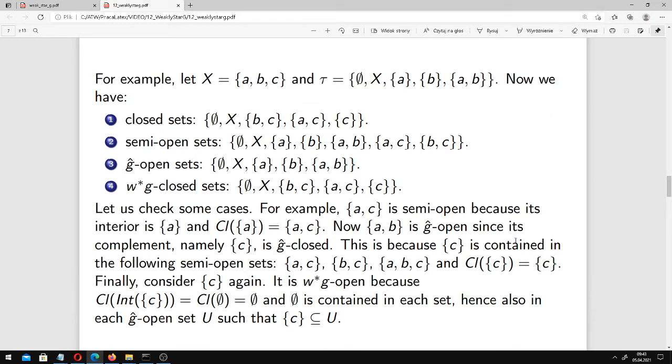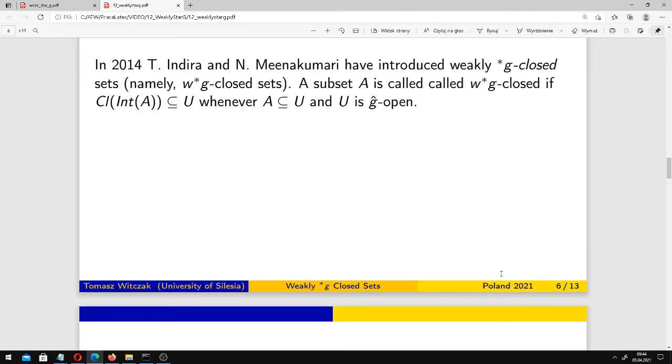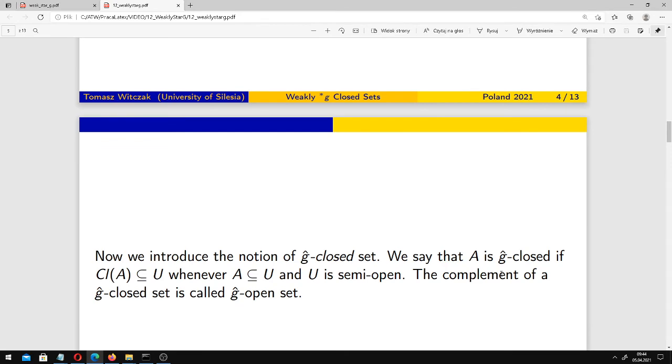This is because singleton of C is contained in the following semi-open sets: {A, C}, {B, C}, {A, B, C}, and moreover, the closure of singleton of C is equal to itself. You should compare this reasoning with these definitions, of course.